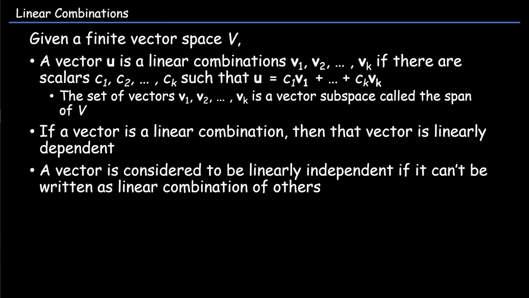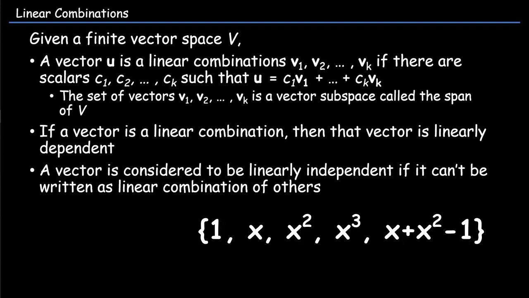And so what that means is that if you want to have a linearly independent vector, then that vector cannot be written as a linear combination of other vectors in that vector space. So for example, if you have a set that contains 1, x, x squared, x cubed, and then x plus x squared minus 1, well, the x plus x squared minus 1 can be written as a linear combination of adding the x plus the x squared and then subtracting 1.